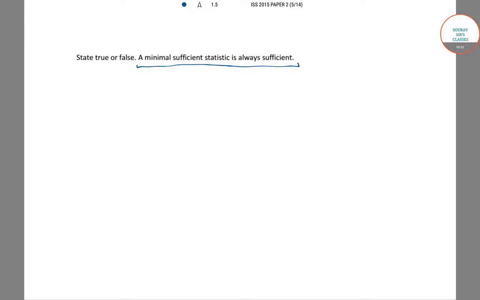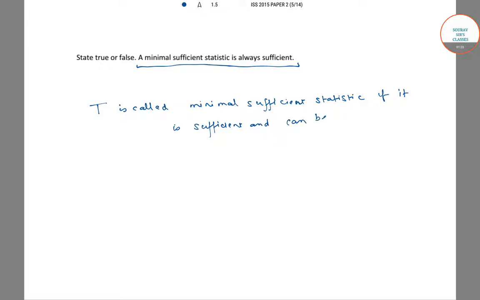Now, from the definition of minimal sufficient statistic, we can say that a statistic T is called a minimal sufficient statistic if it is sufficient and can be expressed as a function of any other sufficient statistic.